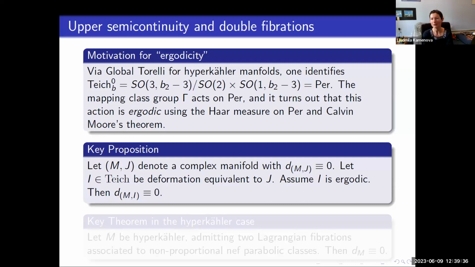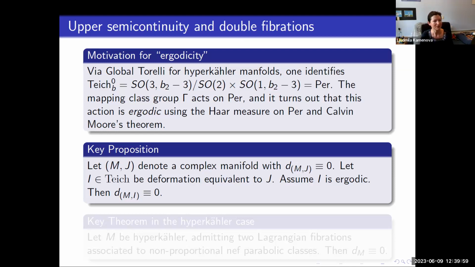So basically, the way we prove these theorems with Misha Verbitsky and Stephen Liu, they're based on the following key proposition. Let's say you're given a complex manifold with some complex structure for which the Kobayashi pseudo distance is 0.